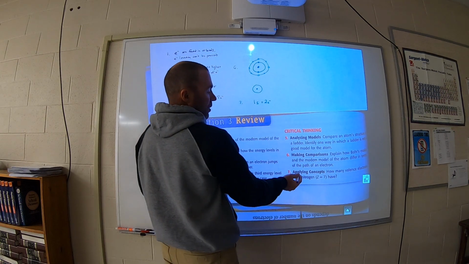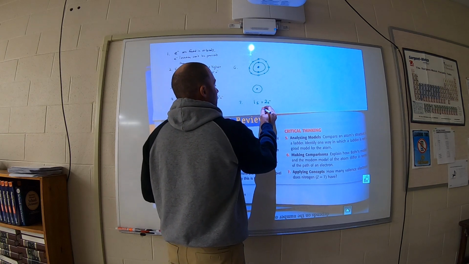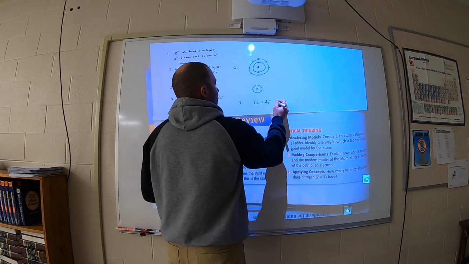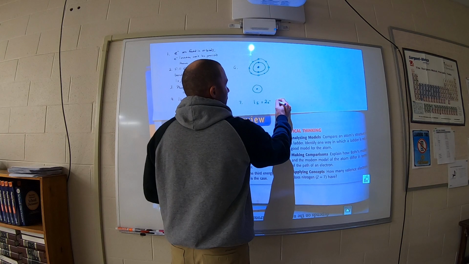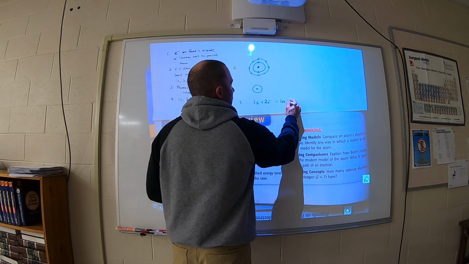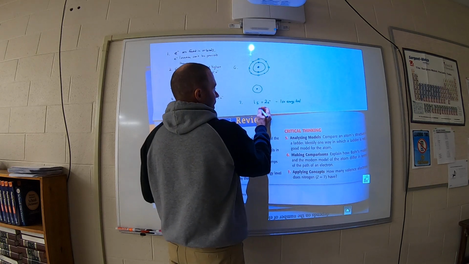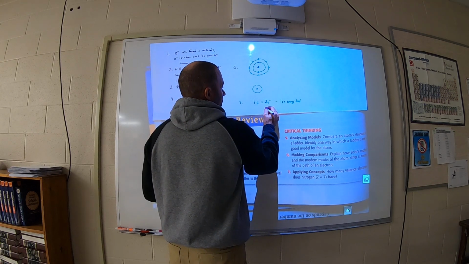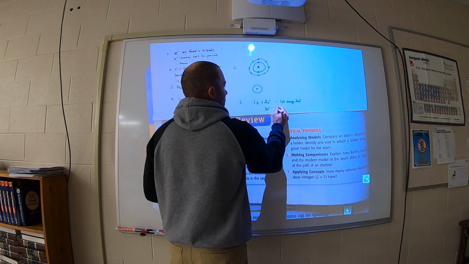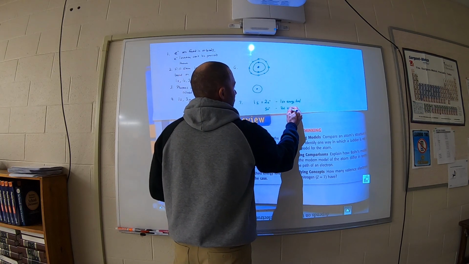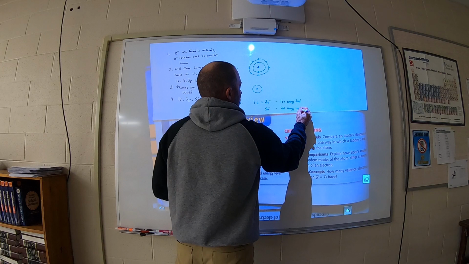And so we've got 5 electrons left. So this would be in the first energy level. In the second energy level, you'd have the rest of them. So 5 electrons in the second energy level.